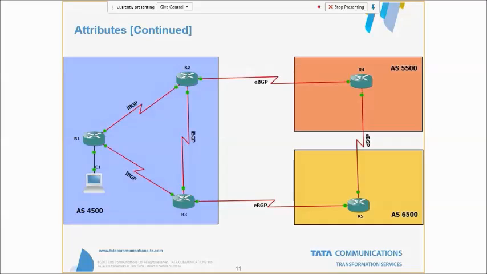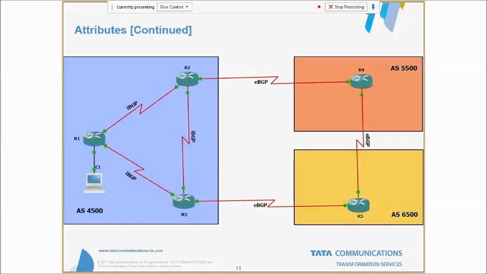Before explaining origin, I just want to give a quick note about IGP. In IGP, we use the network command both to advertise the routes and to form neighborships between our peers. But in BGP, there are two commands: network for advertising the routes, and neighbor for forming neighborships with its routers. So just assume, let's go for R1.